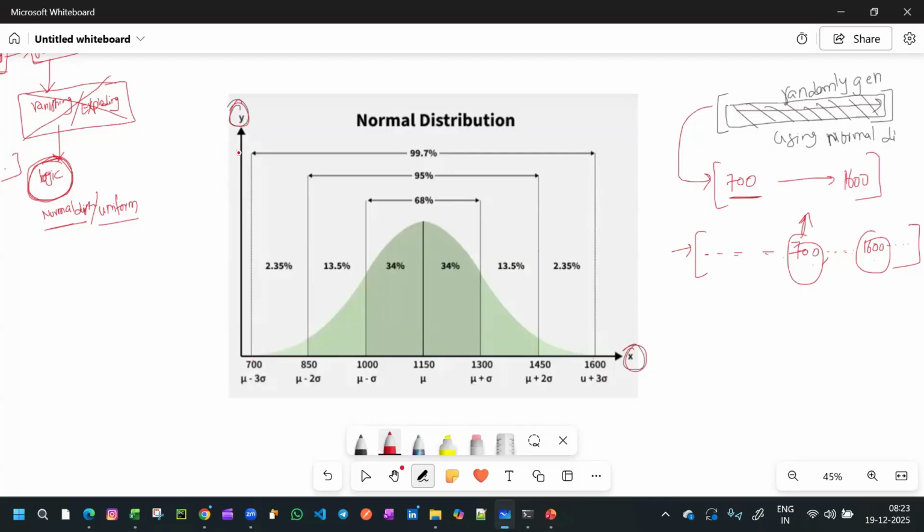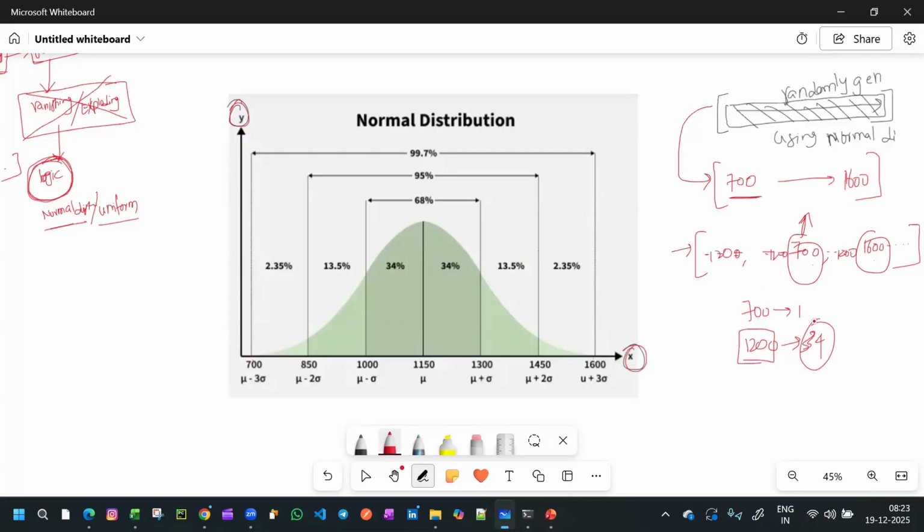Y-axis represents how many times such a value occurs. For example, in my data set there is only, let us say, one 700 value. Let us say 1200 value, I have 34 of them. It means 1200 is repeated 34 times in this entire data set.